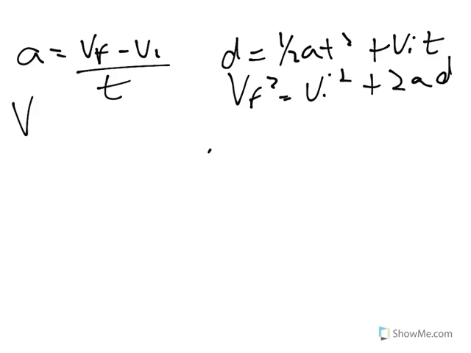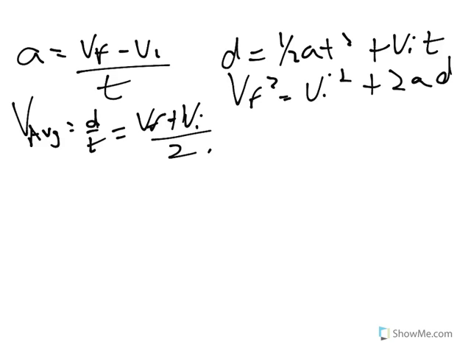And then V average equals d over t, and V average equals Vf plus Vi over 2. So we've got all those formulas. How do we use them?